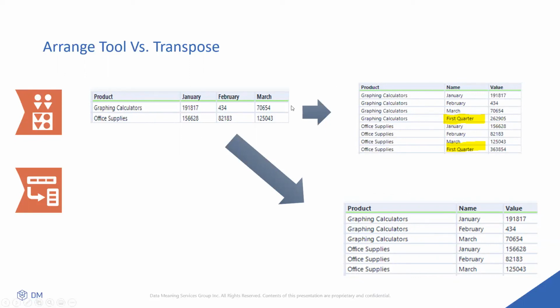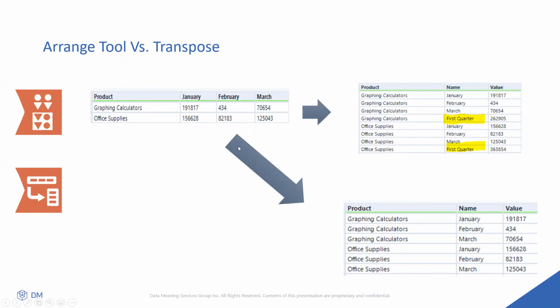Using the arrange tool, as I've highlighted here in this picture, I created an additional column, or an additional row, sorry, called first quarter. Now this first quarter was not a column in this data set, right?